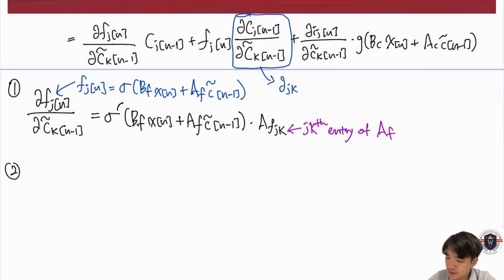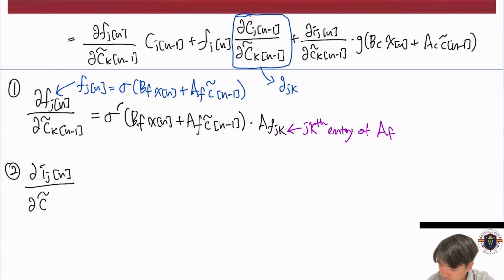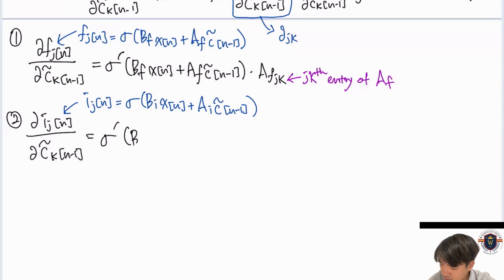And the second thing, we calculate the input gate Ijn with respect to the candidate state C tilde Ck n minus 1. The way is pretty similar, so we can redefine Ijn as the sigmoid of Bi Xn plus Ai, the cell state n minus 1.